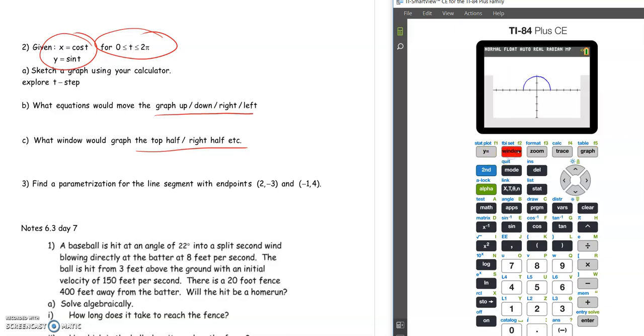What if I went back to window and I decided instead of going 0 to 2 pi, I'd make calculations maybe from -pi/2 to positive pi/2?